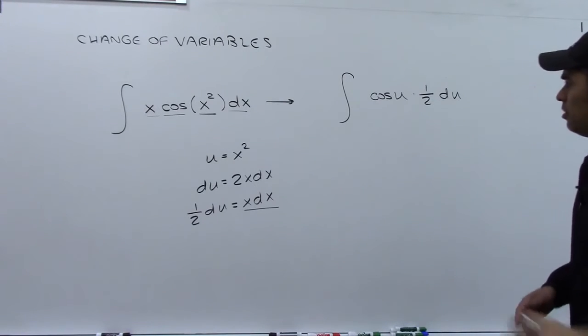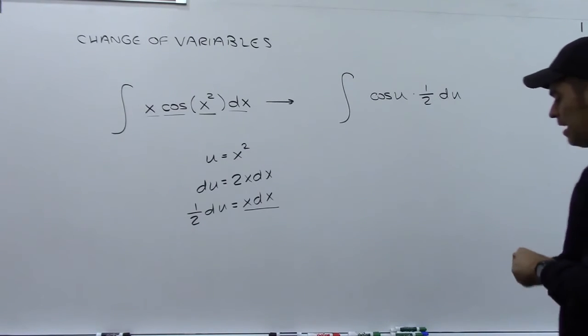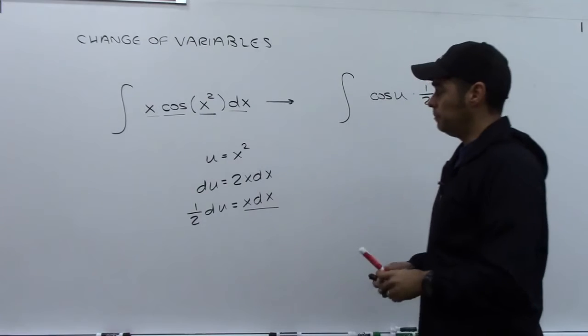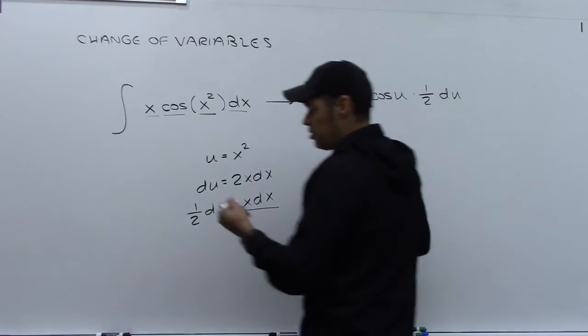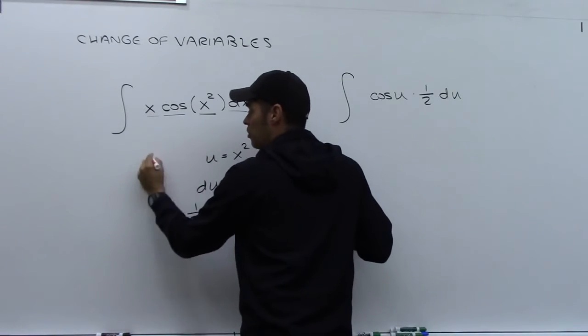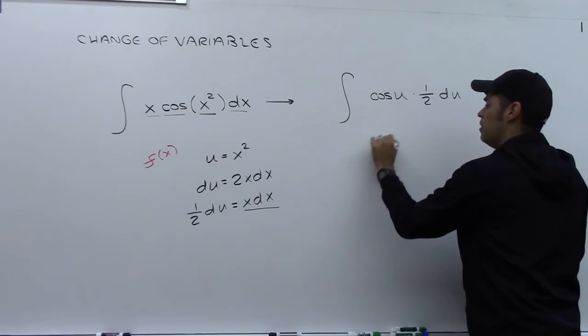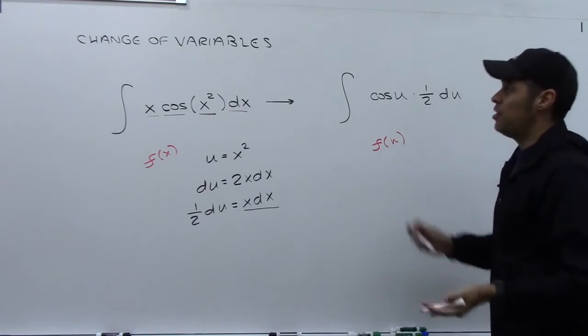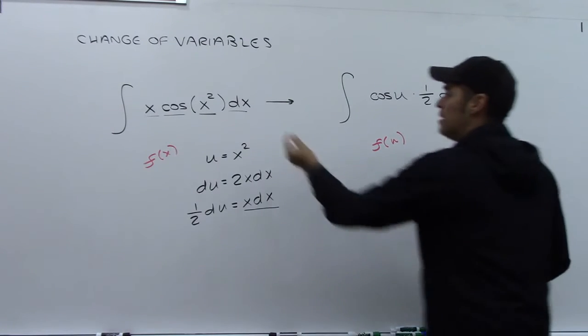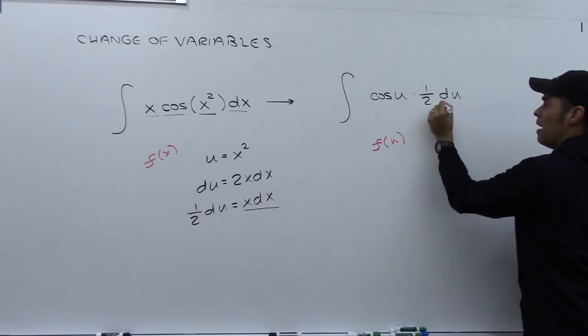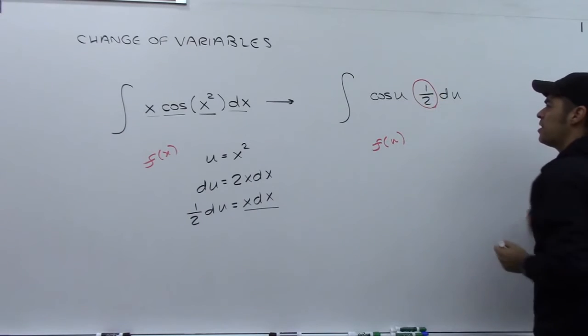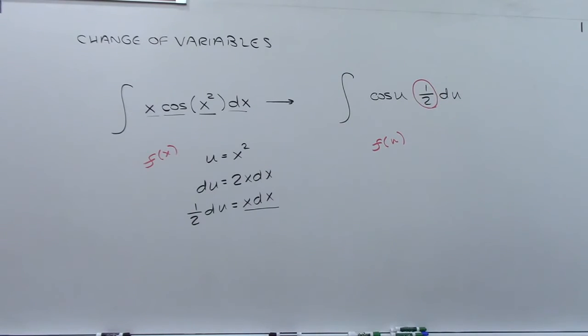So what I want you to notice is that I have changed the variables over, right? I've switched from a function of x to some function of u. So I have made a change of variables, but my dx did not become just du. I had to scale it by 1/2 in order to make this work.